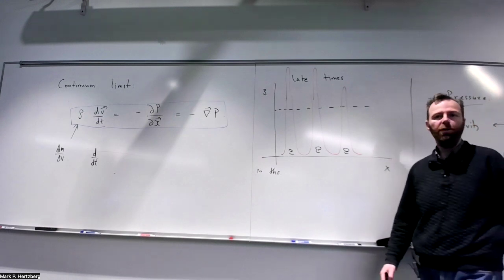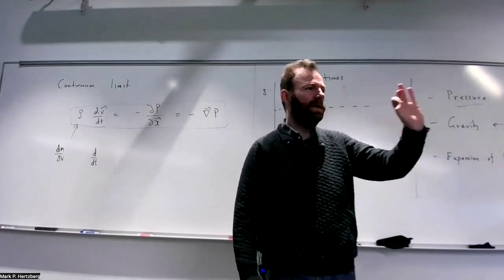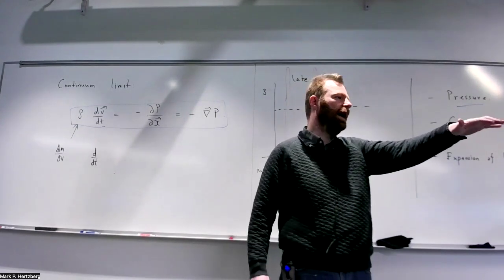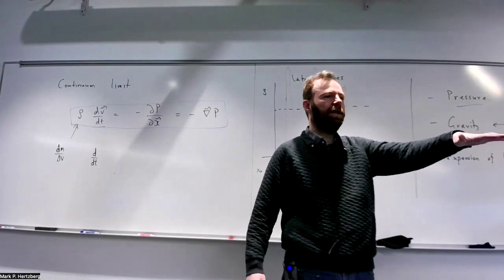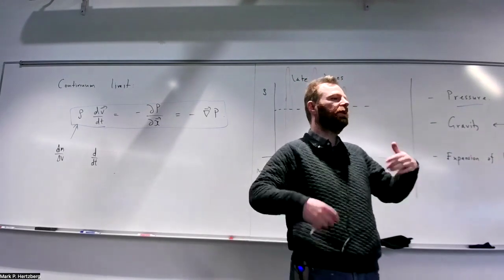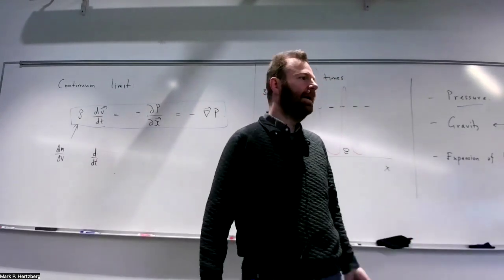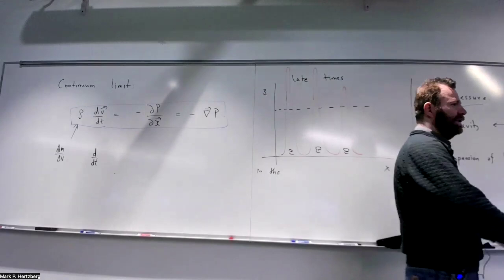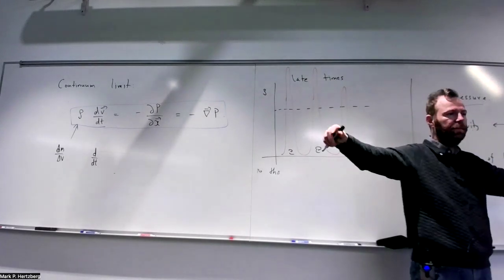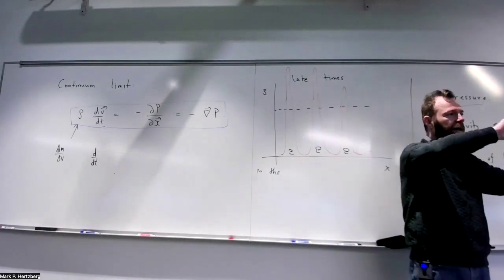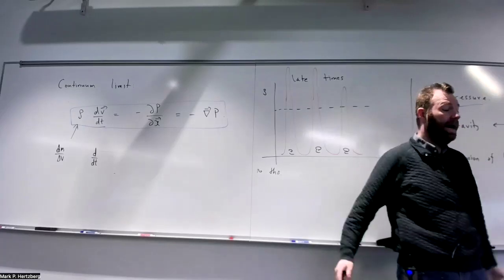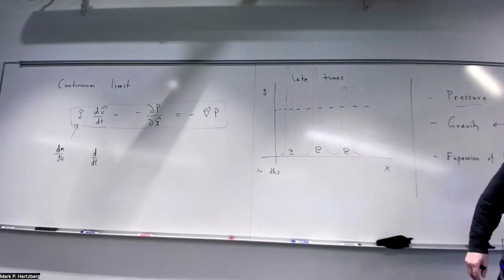But often what we want to do is look at a point in space and ask how the density or the velocity field changes in time. For that question you should be doing a partial derivative with respect to time. And sometimes you're interested in taking a snapshot of things in time, like a photograph, and asking how it varies in space. That would be a partial derivative with respect to x.